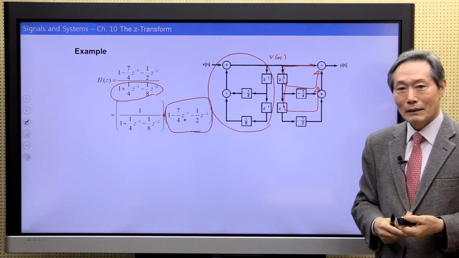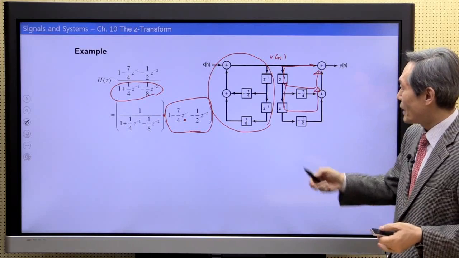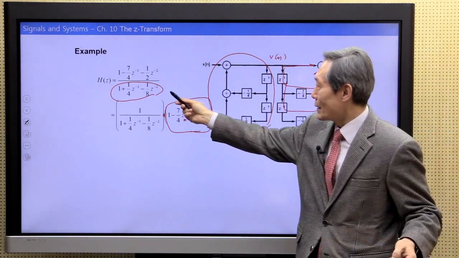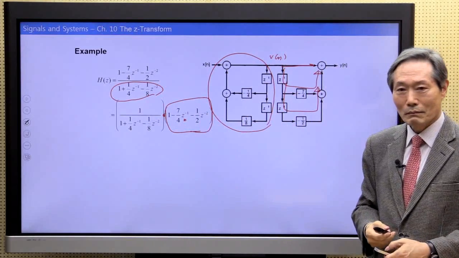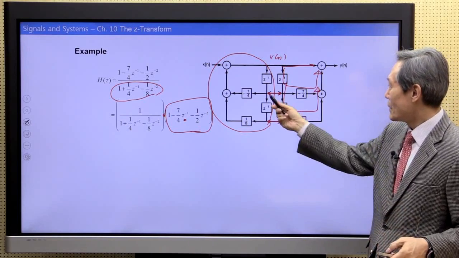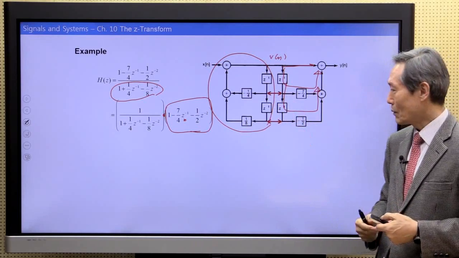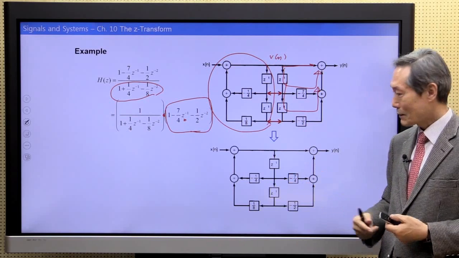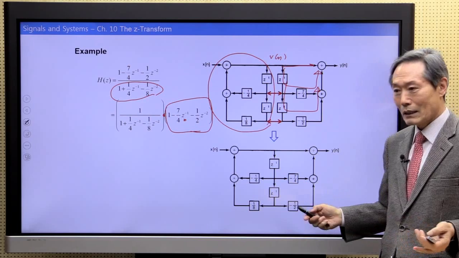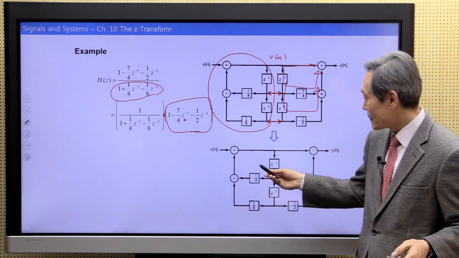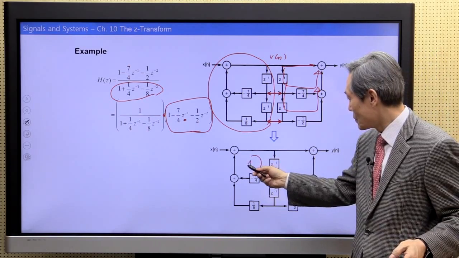And some of you may question why we have 4 delays on the second order system. As I mentioned on previous page, these are the same point. So we may simplify it like this. Okay? If you would like to apply Mason's rule, then we have 2 loops.